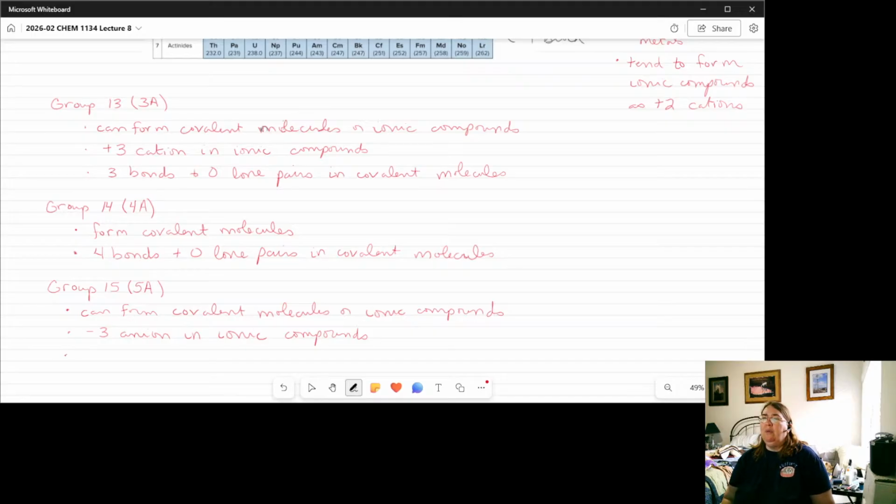When it forms covalent bonds, it tends to form 3 bonds with 1 lone pair of electrons. That's kind of the standard stable configuration for elements in that particular column.